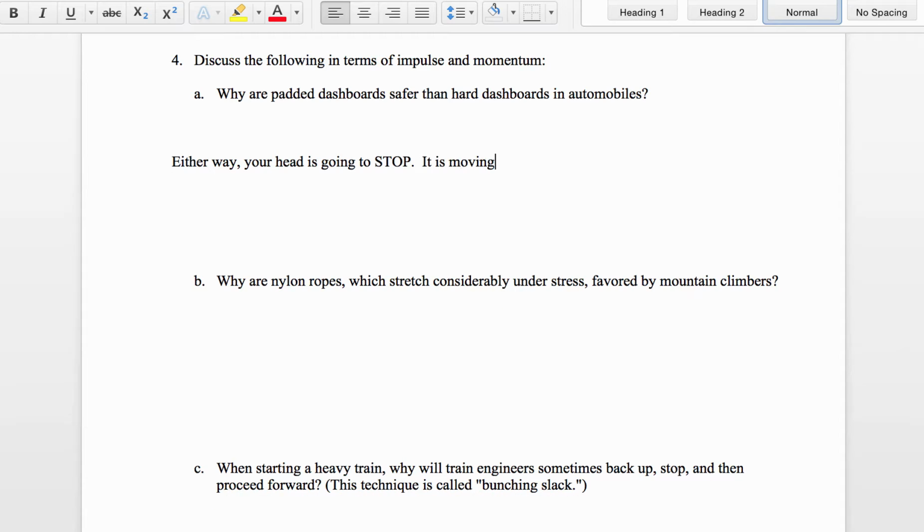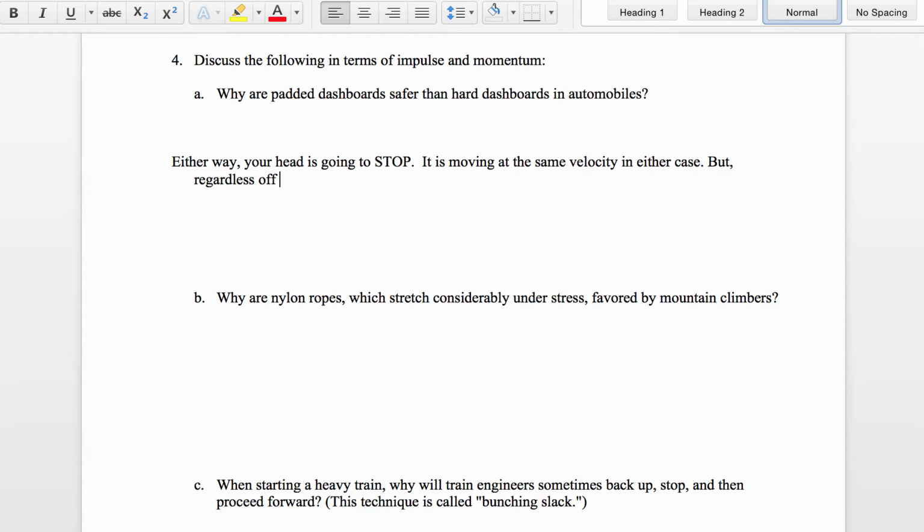It is moving at the same velocity in either case. But regardless of what your head hits, it's going to end up with a velocity of 0 meters per second.